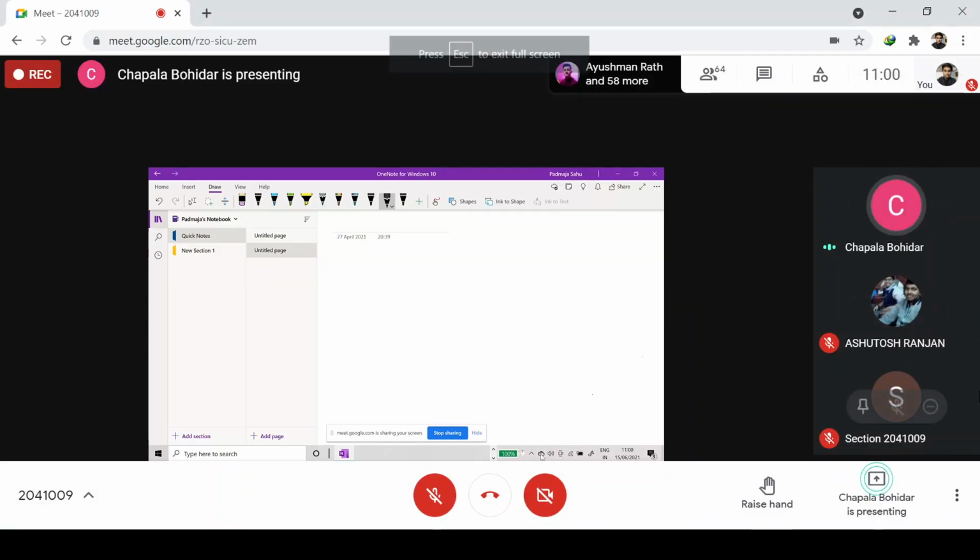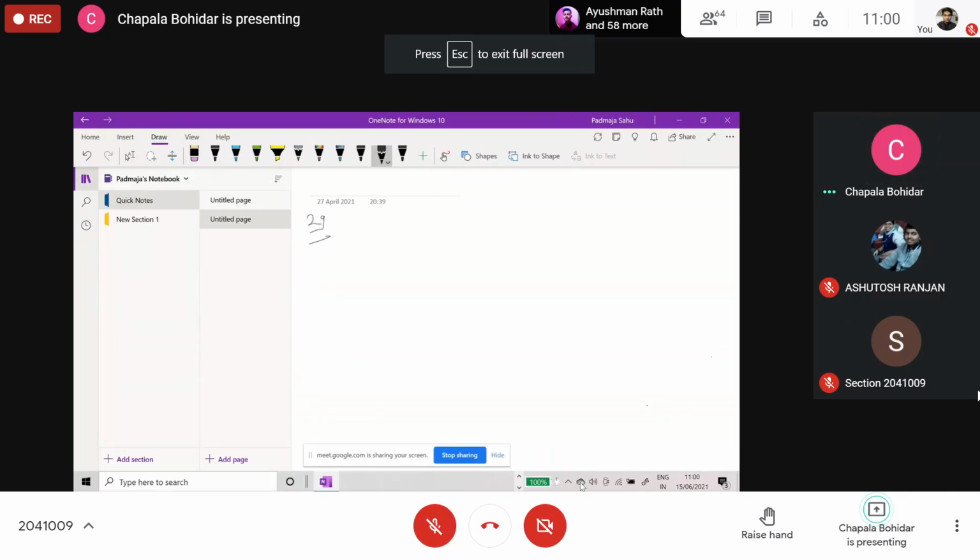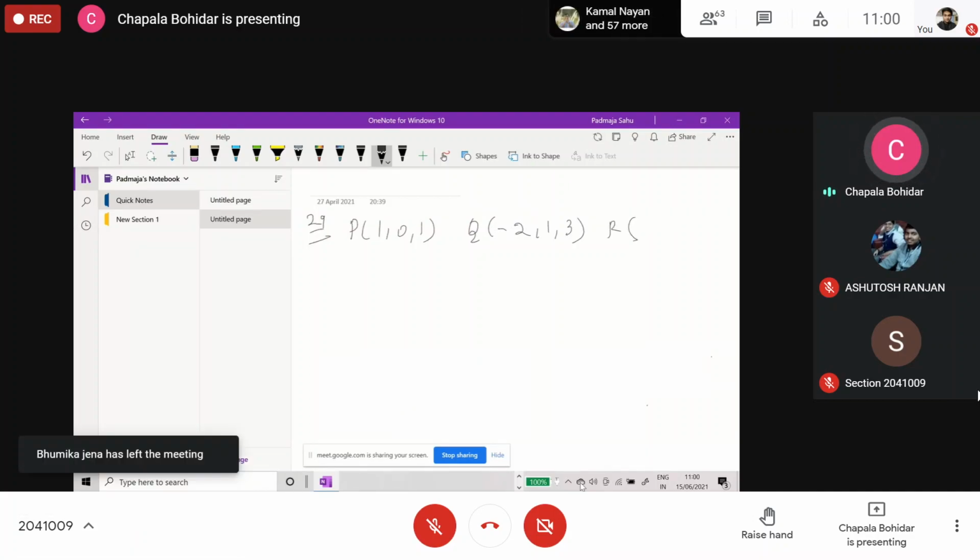I'm not asking you the answer. Find a non-zero vector which is orthogonal to the plane through the points P, Q, R. The point P is given as 1, 0, 1. Q is given as -2, 1, 3. And R is given as 4, 2, 5. I'll only explain what to do.